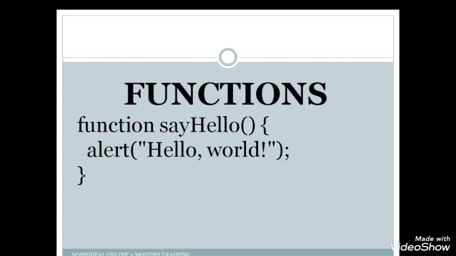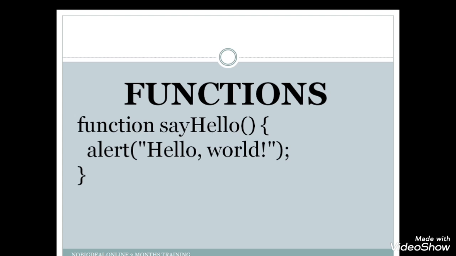And that sayHello is the name of the function. Anything you create, you name it. That is why we create a folder and we name it. It is used for easy identification. You can easily remember the name of the function in case you want to use it later.